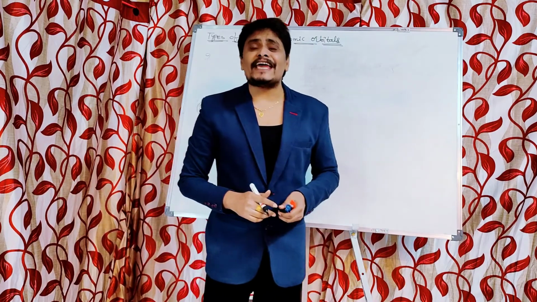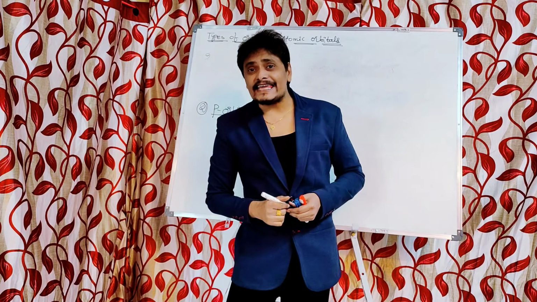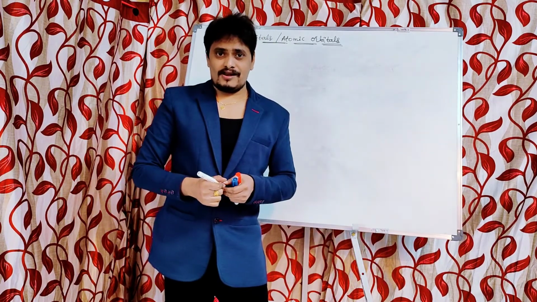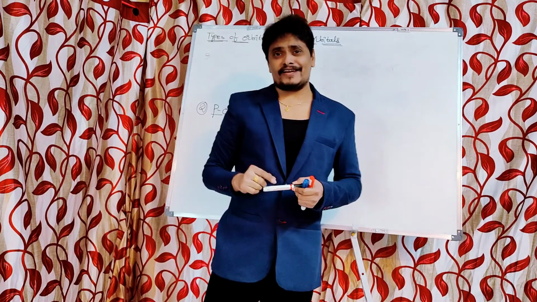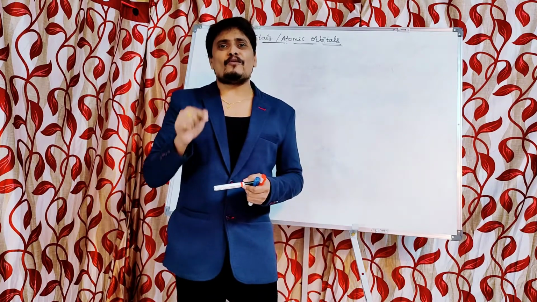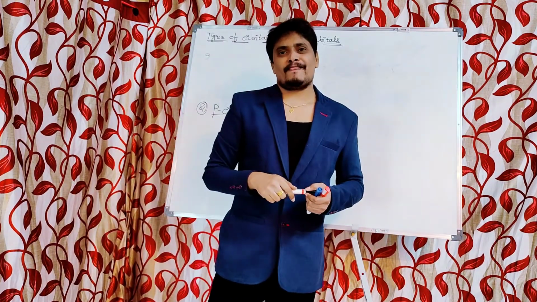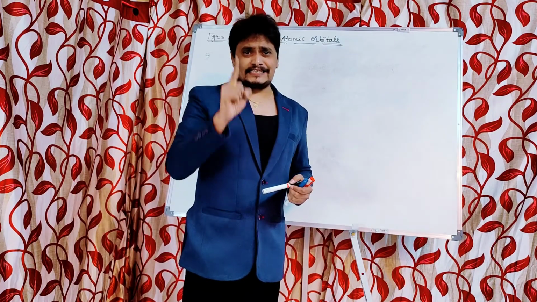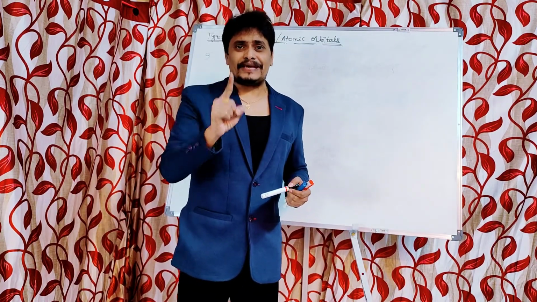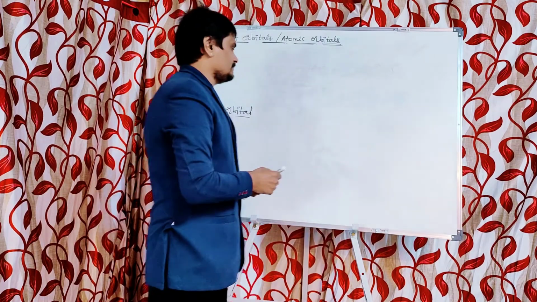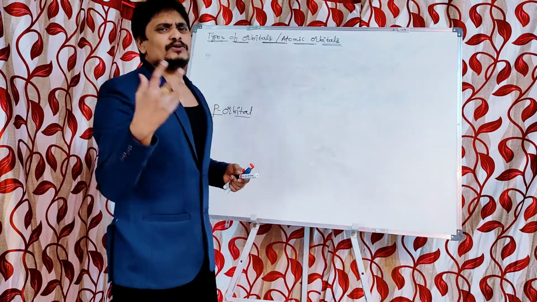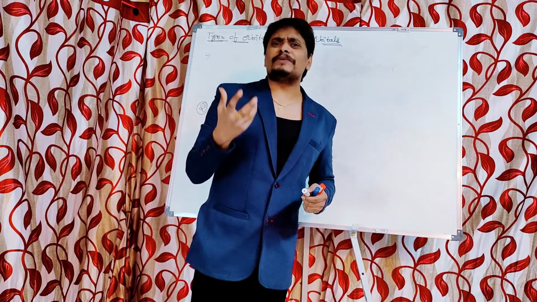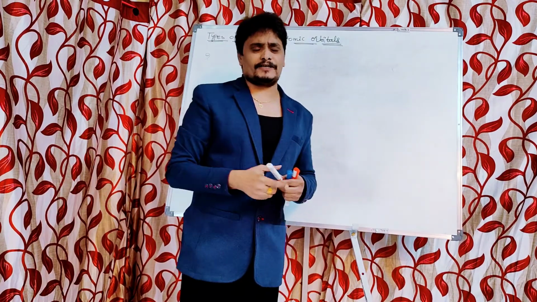And it is unidirectional. Unlike the s orbital, which was non-directional, this particular p orbital is unidirectional. So what is the first one, students? Px. The second one is py, and the third one is pz.